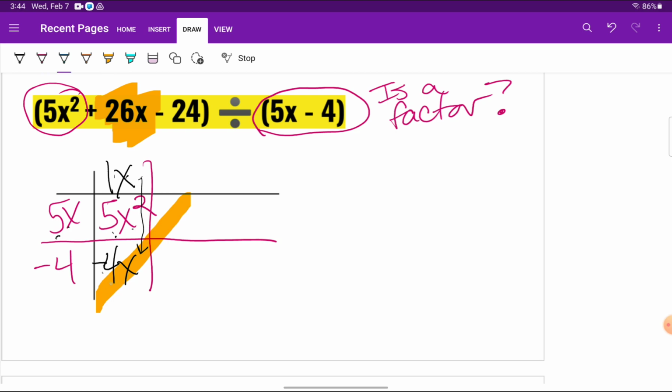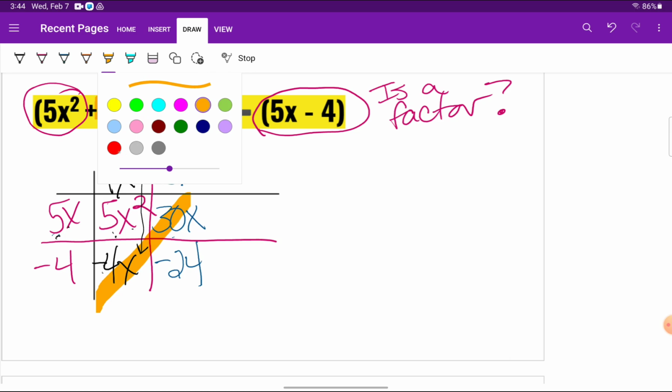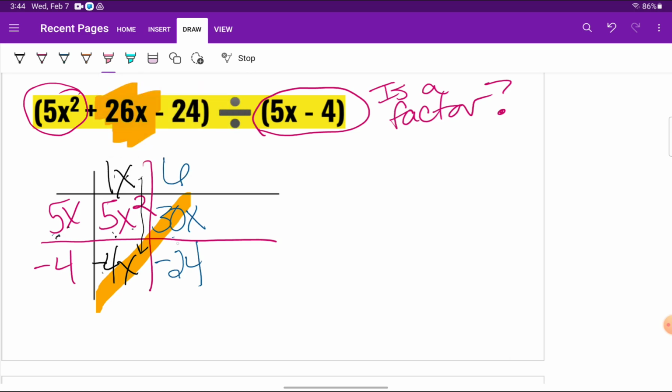4x combined with what gives me 26? 30x. If I have 5x and 30x and I need to multiply, 5 times 6 is 30, and then bring my x. Negative 4 times 6 is negative 24, and that negative 24 is this final value.